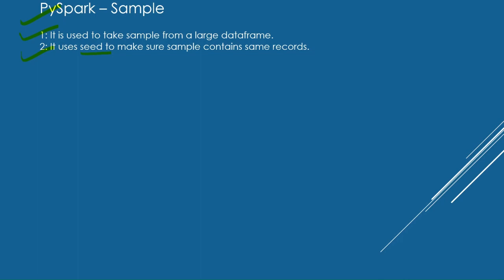If you put a seed, and suppose there are 10 records in the sample and you take the sample multiple times with the same seed, then the records present in the sample are the same. If you change the seed, the records may not be the same. So seeds play a very important role.